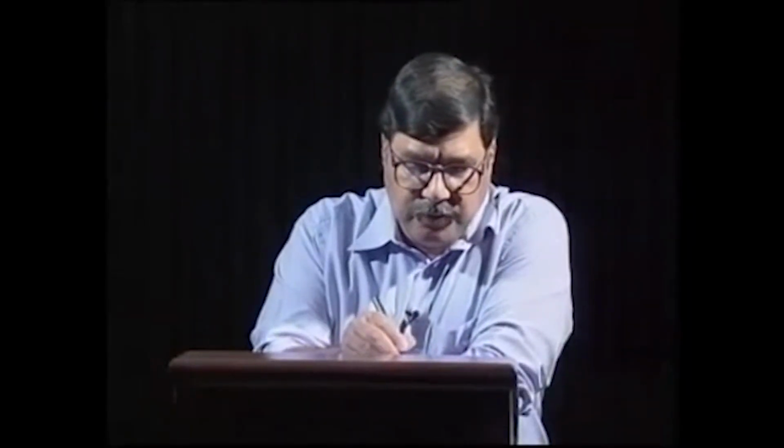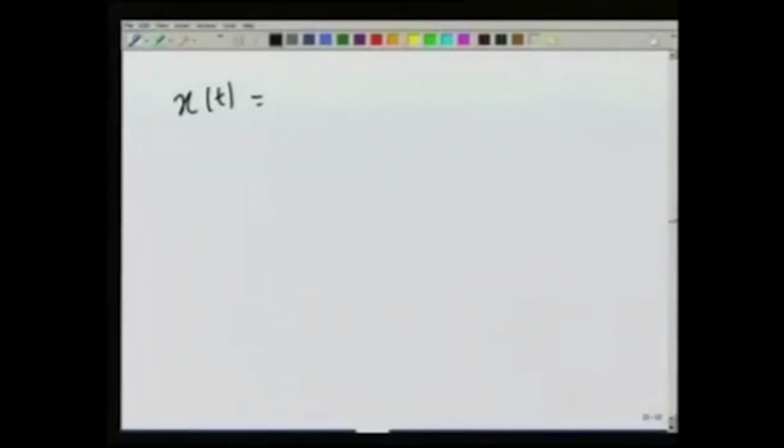So we've looked at how the motion of a particle moving in a potential of half kx square form looks like. It looks like something like cosine omega 0 t plus phi.